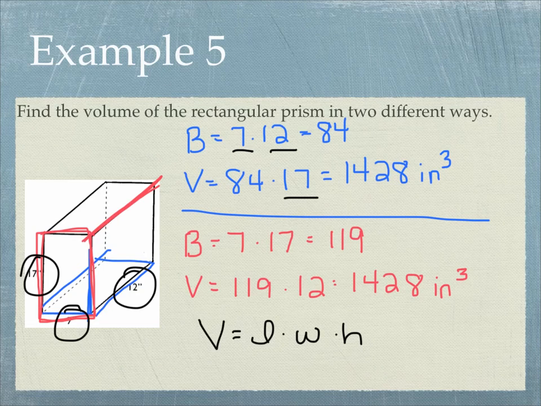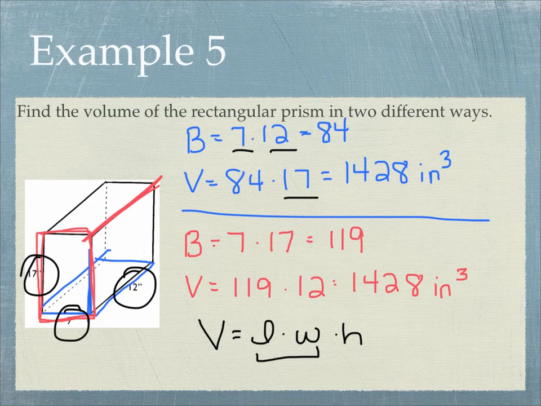That's true as long as it's a rectangular prism. That doesn't work if it's a triangular prism or a hexagonal prism. Only works for rectangular prisms, because in a rectangular prism, any of the sides could be the base. And to find the area of the base, you would do length times width, and then you're going to end up multiplying by the height.